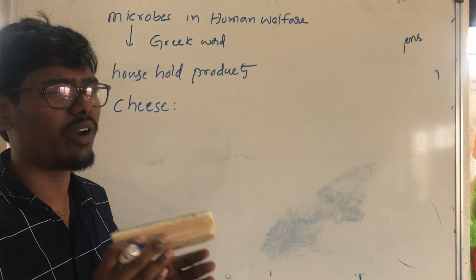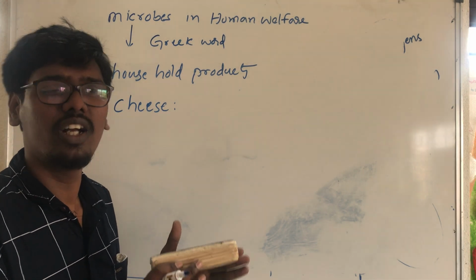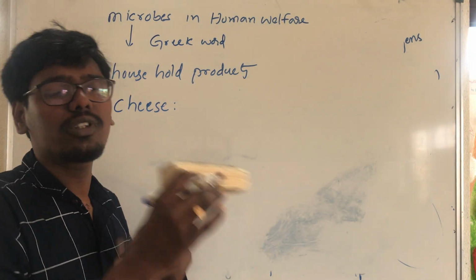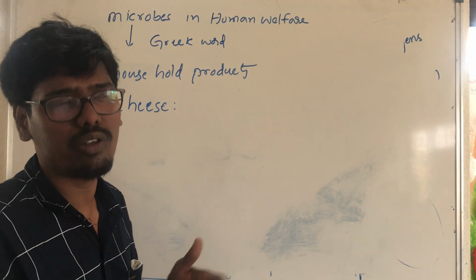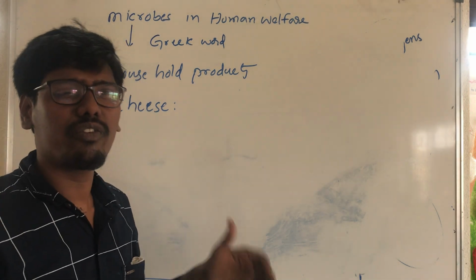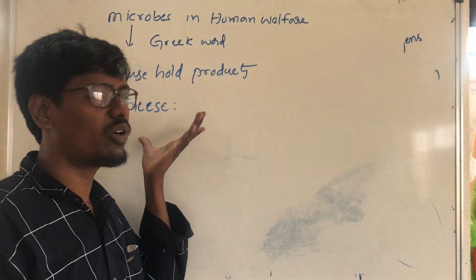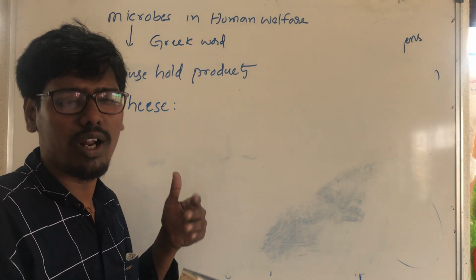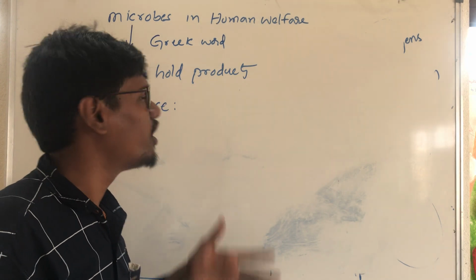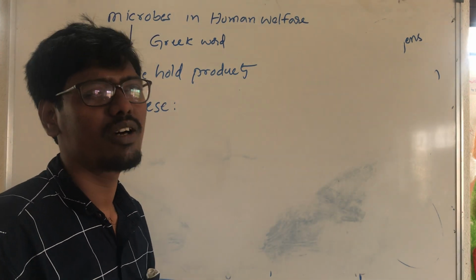For example, if you add 10% of microorganisms, it will give one flavor of cheese. Then 20%, 30%, 40%, 50%, 100%. So you have to add different amounts of microorganisms, and they will give different types of cheese flavors.